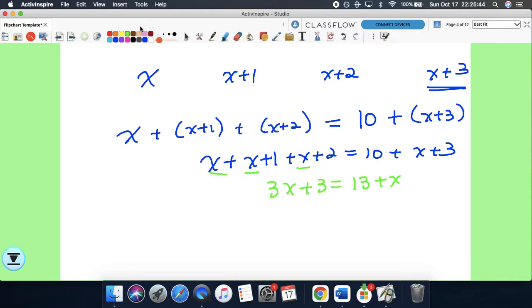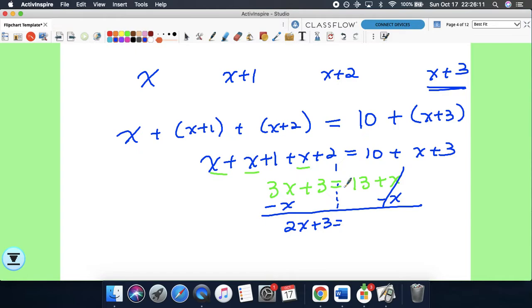This one gets a little bit more complicated, and it's okay. We have variables on both sides, so in this one we actually have to get rid of one of the variables from either the left side or the right side. So I'm going to do minus x here, minus x here. 3x minus x is 2x plus 3. x minus x goes away. So remember our Noah's Ark, right? We did the canceling.